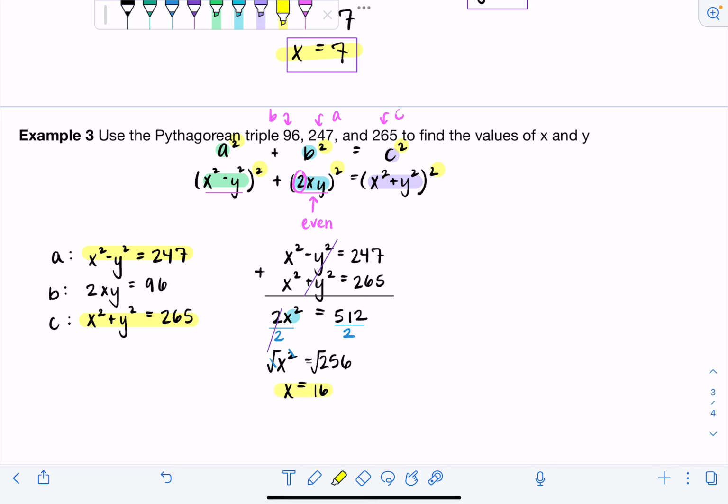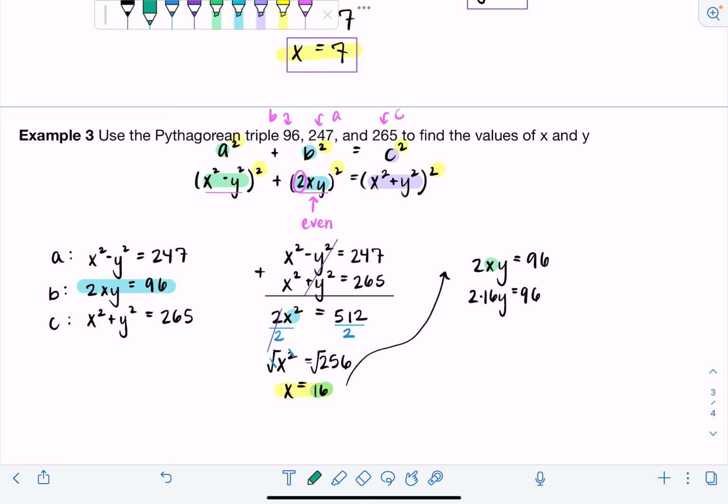And then I use that x value to solve for y. You could pick any of the original equations to solve for y, but usually the second one, the one that just has 2xy, ends up being the fastest, but you can pick any one that you want. So I'll rewrite it up here, 2xy equals 96, and then we just found that x is 16, so I'll put the 16 in there. So 2 times 16y equals 96.